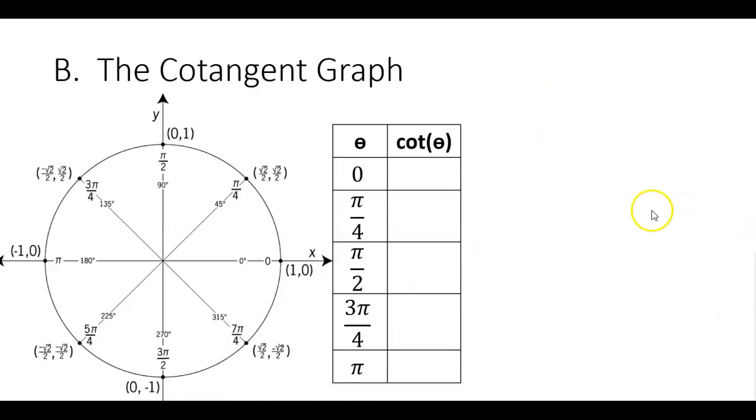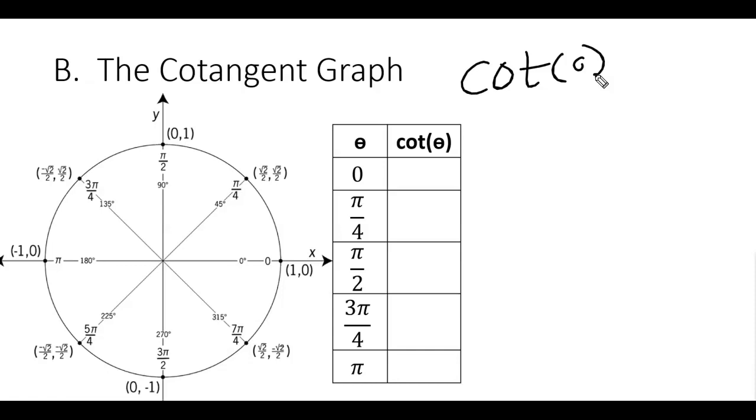Okay, cotangent looks quite similar, but I'm going to use a different set of angles to demonstrate that. We're going to start with 0. Now, if you want to find what cotangent of 0 is, what you need to do is find the tangent of 0 and take the reciprocal of it.